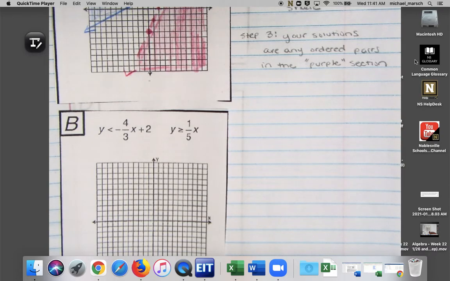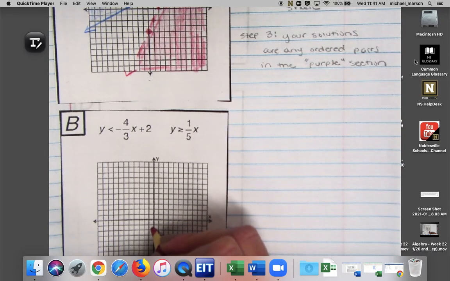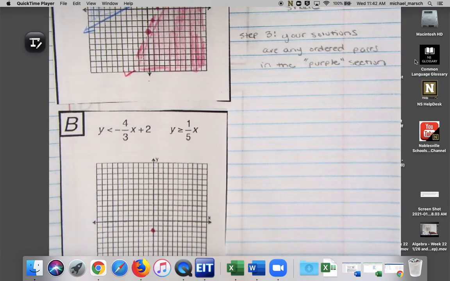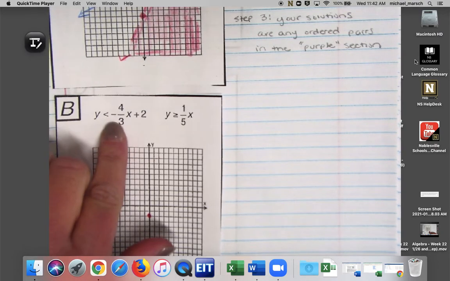Okay. So for the first one, I've got my y-intercept at -2. And my slope is -4/3. So I go down 4, forward 3. Is it a solid line or a dashed line? For this one.